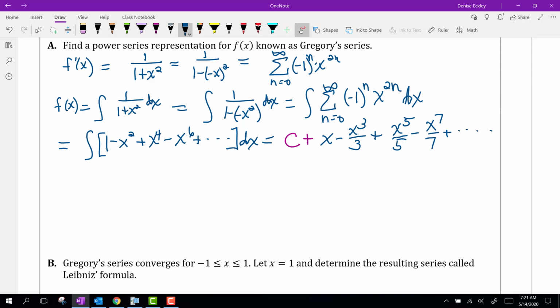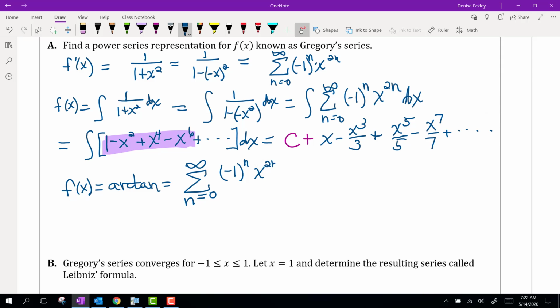So I just use the power rule on these terms. So now I can write a general rule for this. So I'm going to have that arctangent, my f of x, is going to equal the summation of n equals 0 to infinity of negative 1 to the n, x to the 2n plus 1 over 2n plus 1.